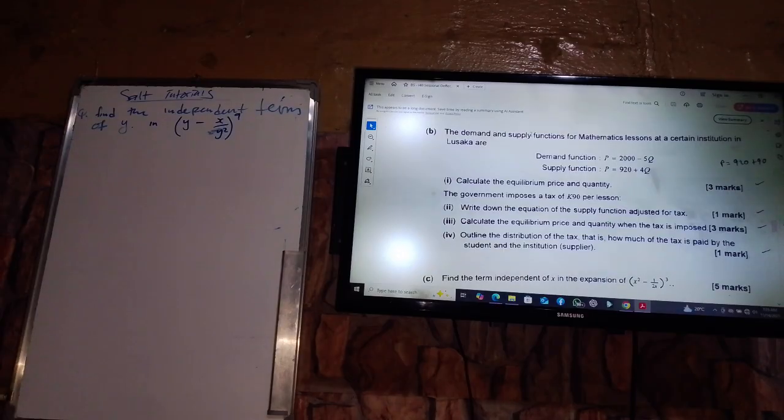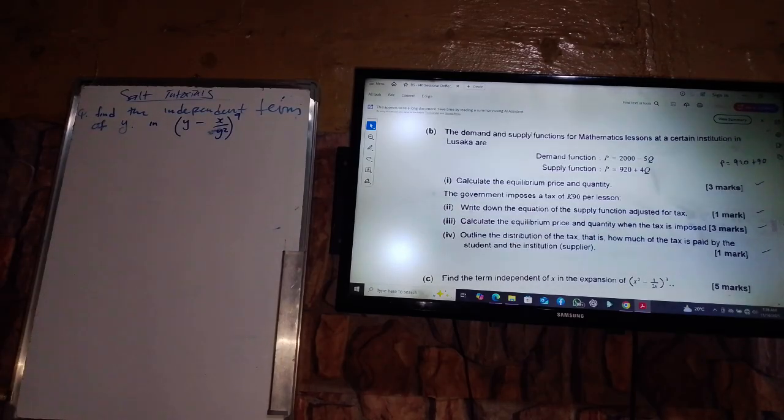That is the function we have. Previously it was the independent term of x, so our focus was on x, but here our focus should be on y.